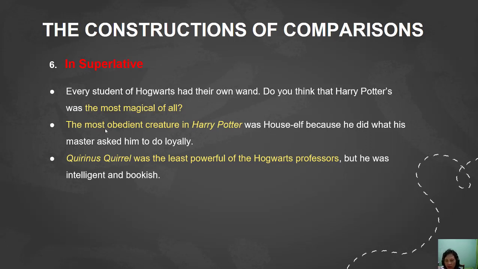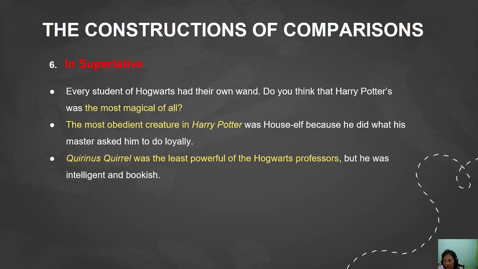You can use the best, for example. You can have this, Harry Potter's were the best of all. Okay. Or you can have the worst, Quirinus Quirrell was the worst.